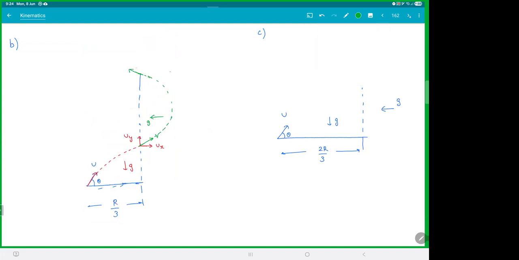Once you come out with speed v, gravity again becomes downward. So this will look like a projectile again from a building. It will fly like this and fall down somewhere here.